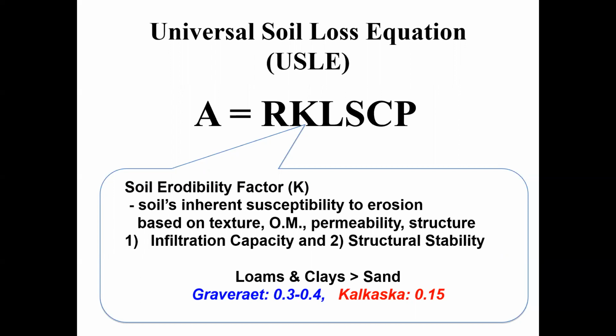For example, our Kalkaska sands usually have far less than 10% clay, and a pretty low K factor. Whereas the Graycalm series can have as high as 18% clay, and a much higher K factor. So broadly, it has broad utility in understanding soil structural stability and susceptibility to erosion.